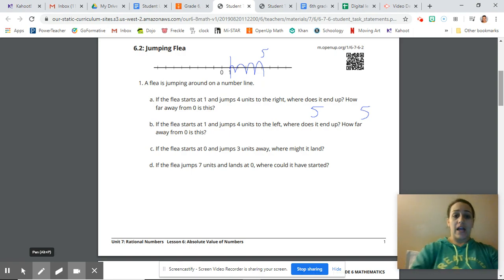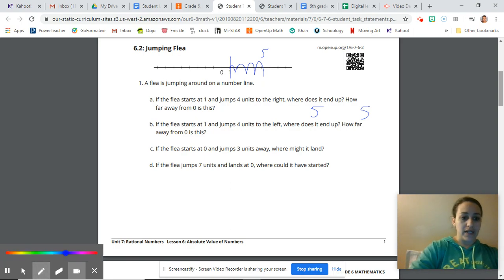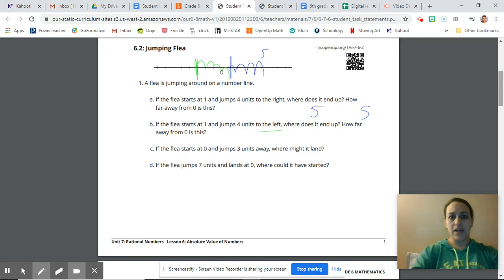If the flea, however, starts at 1 and jumps 4 units to the left, so all right, I'm starting in that same spot, but now I'm going left. 1, 2, 3, and 4. Where I'm ending up there is actually 1, 2, 3 spaces behind the 0.